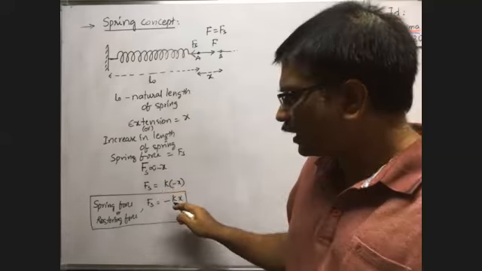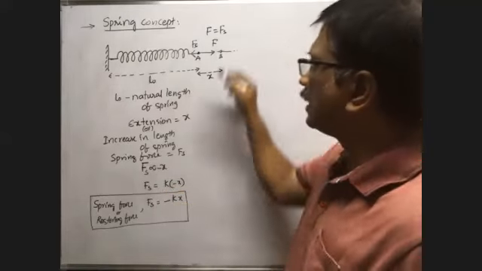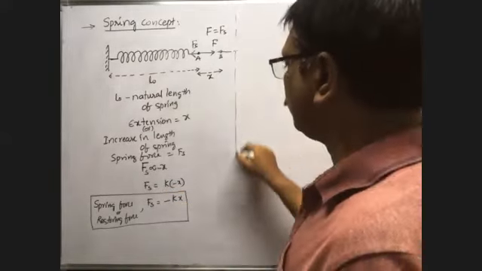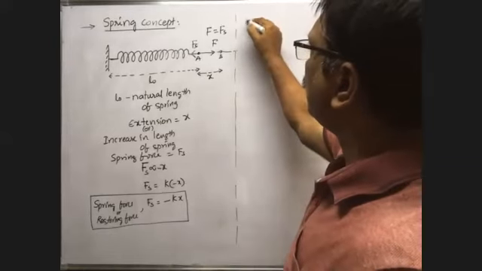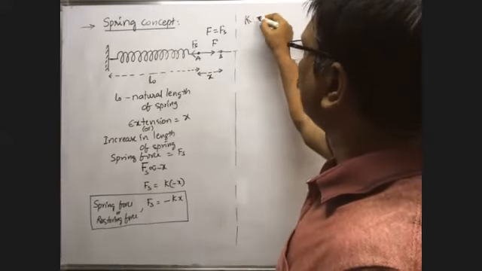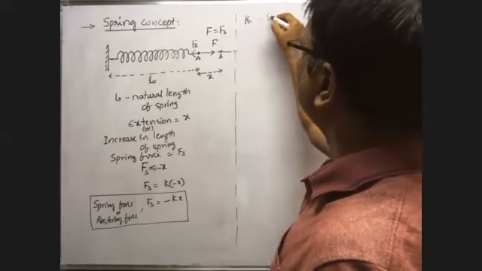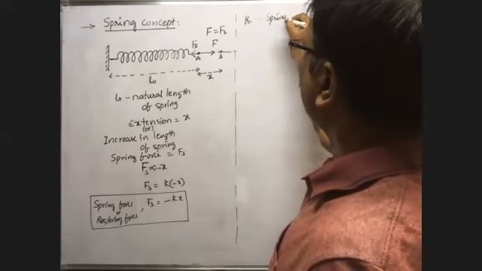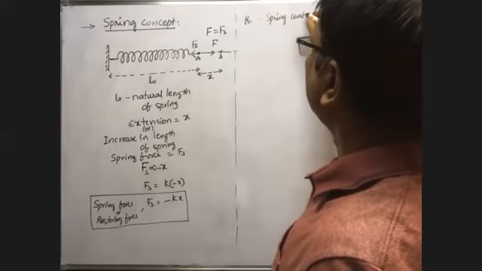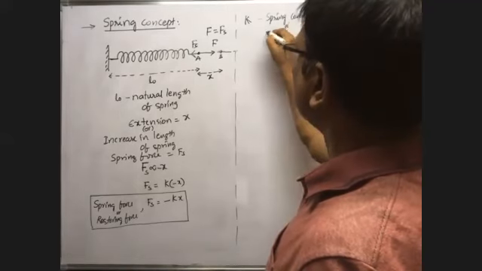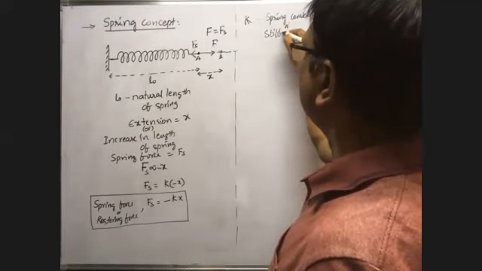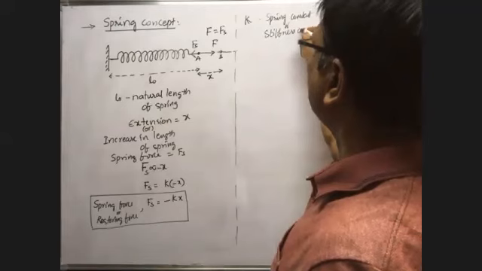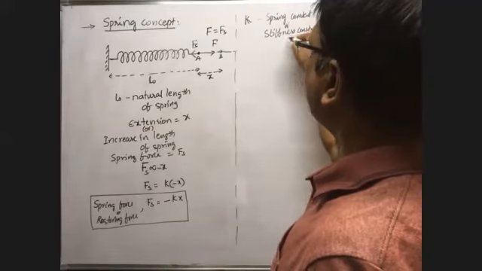Here the proportionality constant k is there, no? Such proportionality constant k is called the spring constant or stiffness constant.